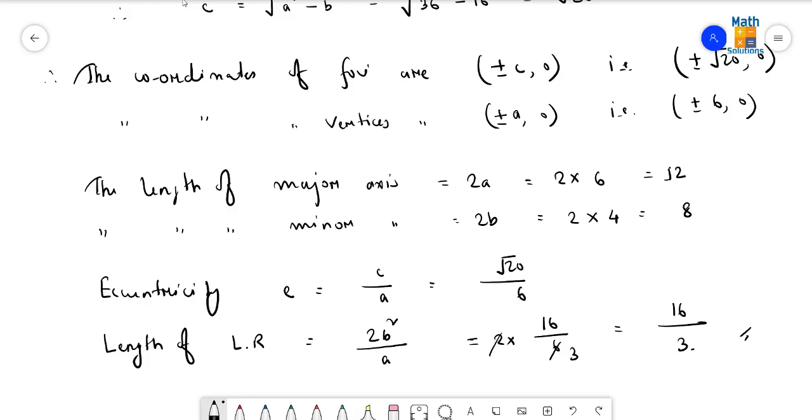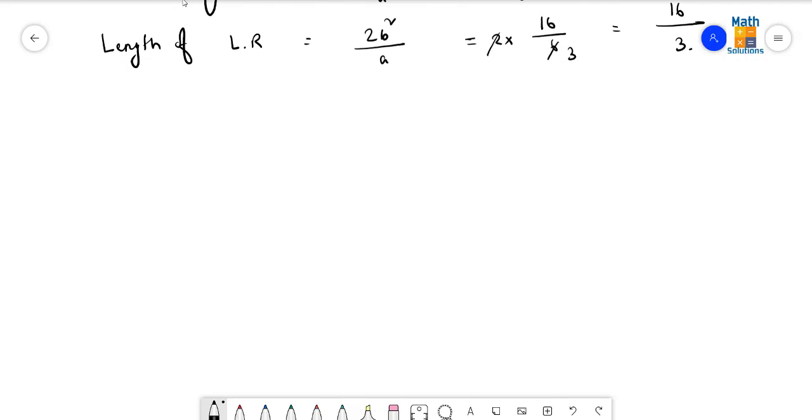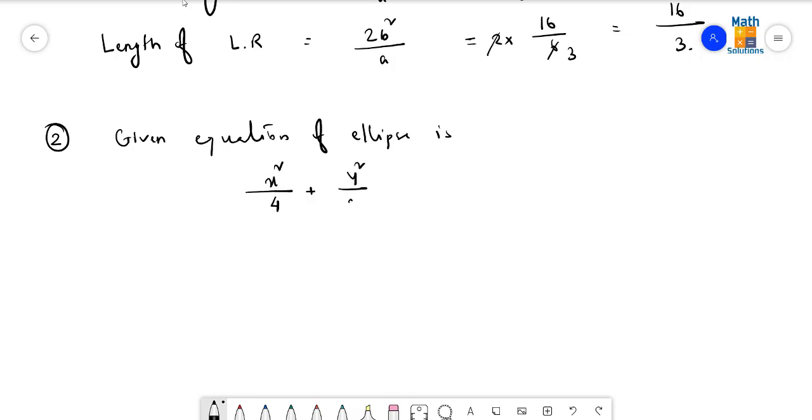The reverse case we consider now, when the major axis is along the y-axis, and question number 2 is in accordance with that. The given equation of ellipse is x square by 4 plus y square by 25 is equal to 1.